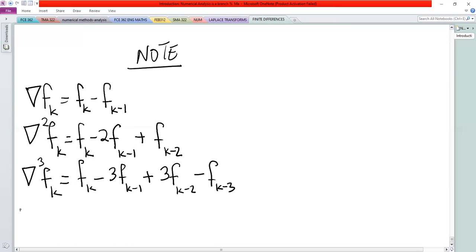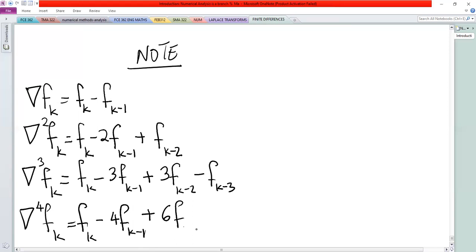And the fourth backward of fk is fk minus 4 fk minus 1 plus 6 fk minus 2 minus 4 fk minus 3, and then plus fk minus 4. There is a pattern here.